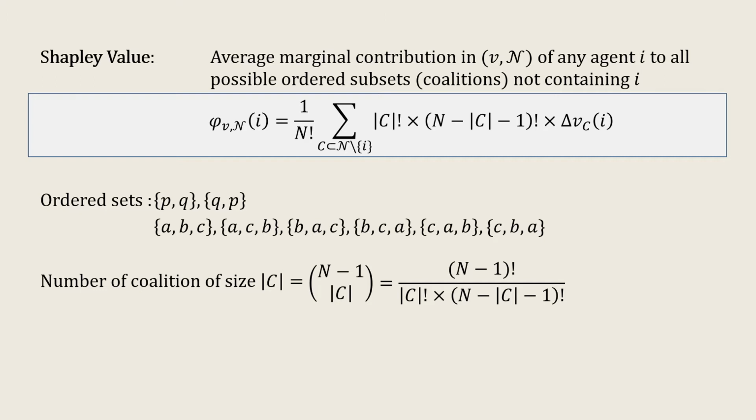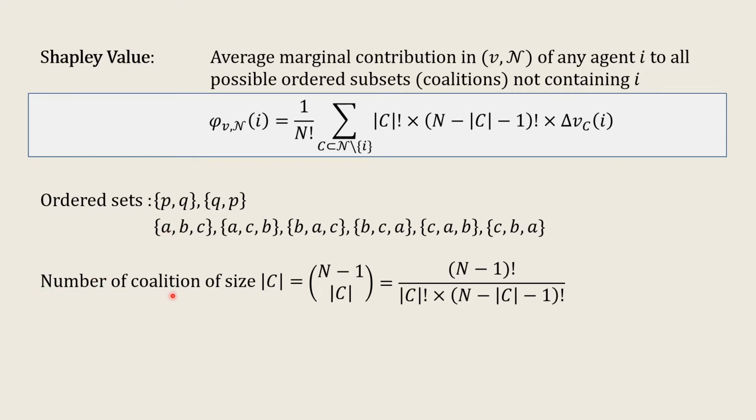Now, what exactly is an ordered set here? I use the word ordered subset. So these are two different ordered sets. They contain the same elements, but the arrangement or the ordering of the elements is different. So these are two different ordered sets of the same size. All these are different ordered sets of the same size.